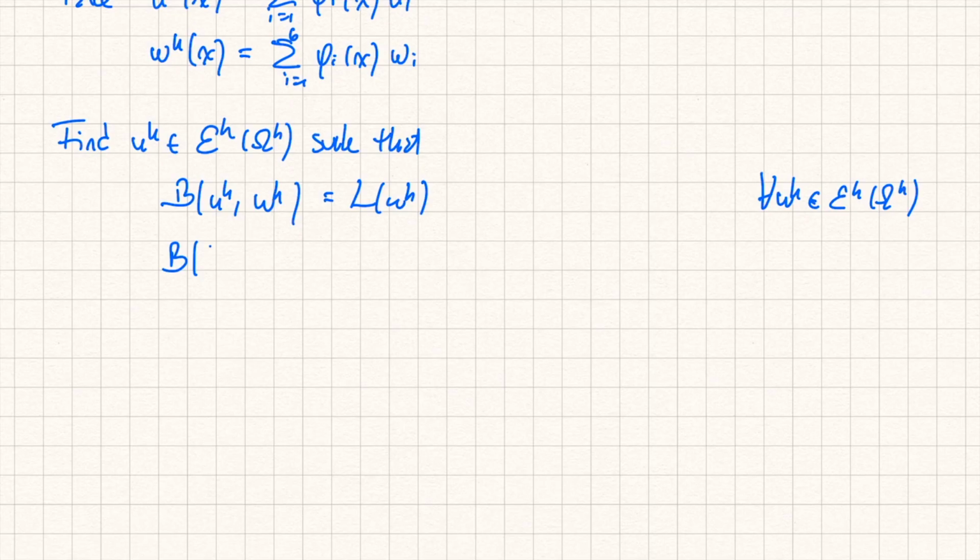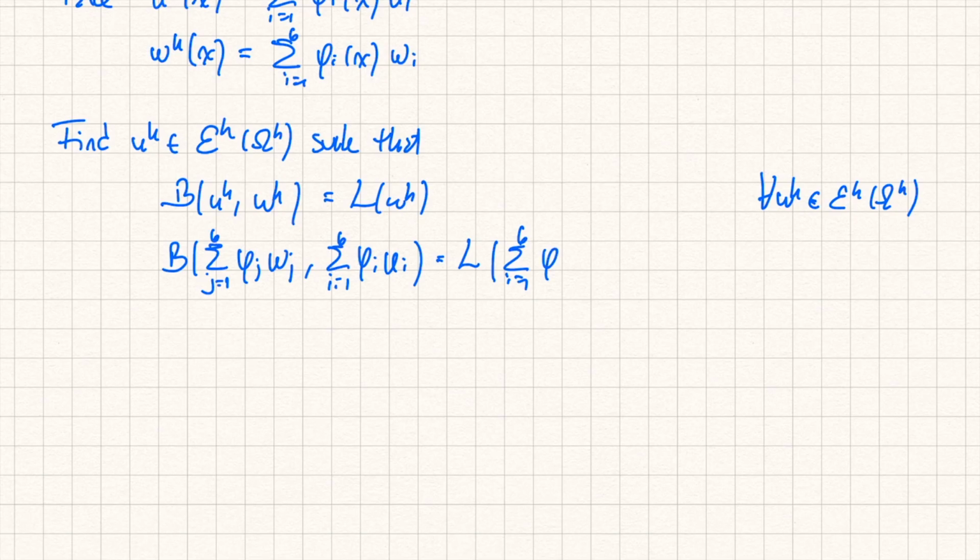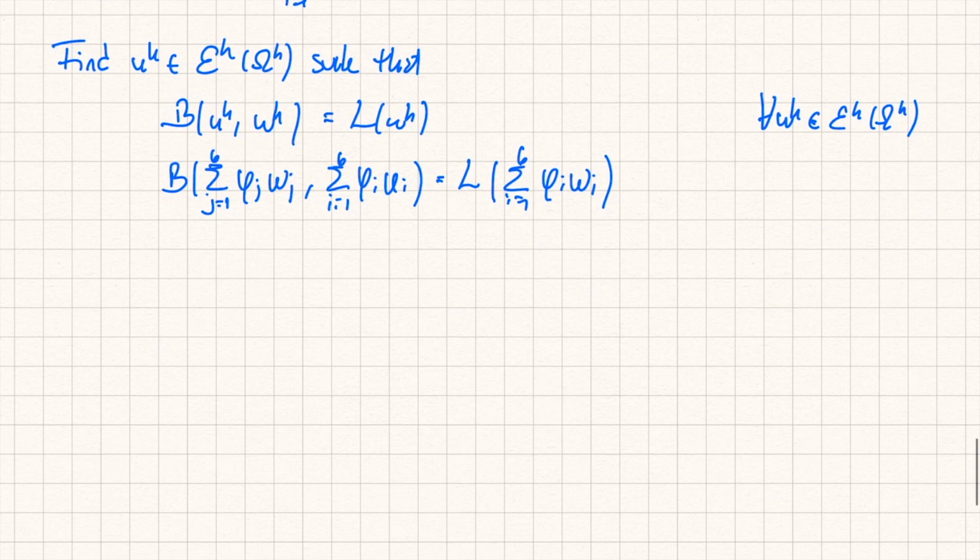So you could actually write this expression as the sum J equal to 1 to 6 of phi J wJ, comma, the sum I equal to 1 to 6 of phi I UI, is equal to L, and again the sum 1 to 6, and this now becomes true for all wI's that belong to the reals, and of course I goes from 1 all the way to 6.